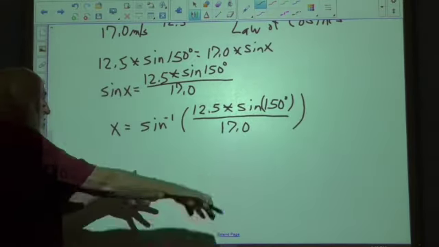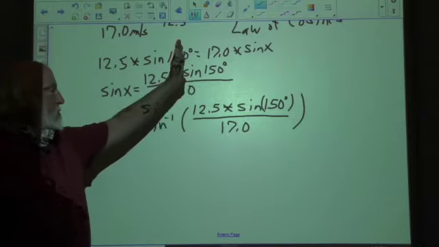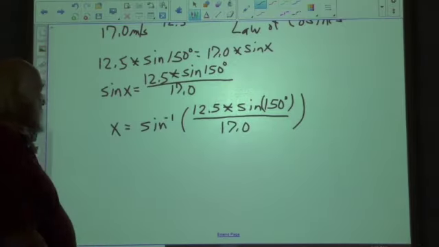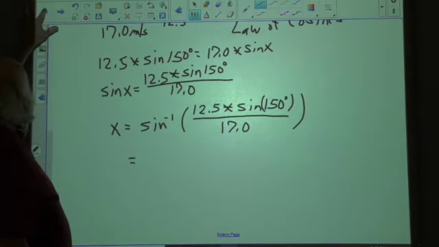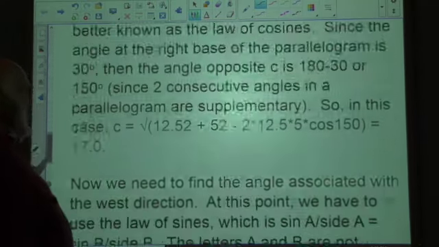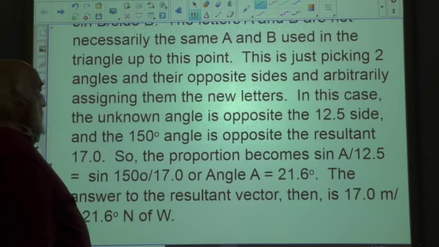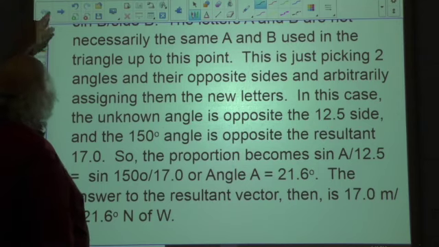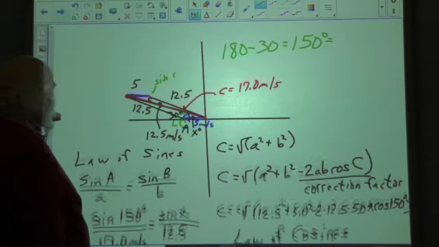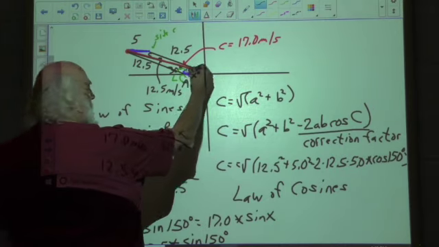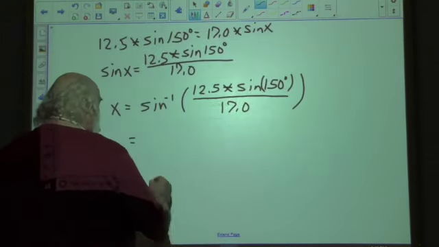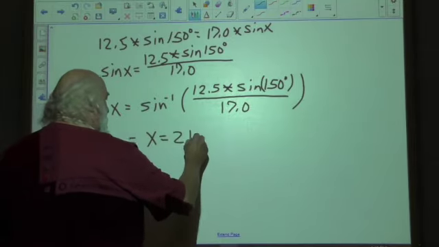You punch all that in your calculator, inverse sine, 12.5 times sine 150, close parentheses, divide by 17.0, and you're going to get your answer. And your answer turns out to be 21.6 degrees. So that means this sliver of an angle right here is 21.6 degrees. So X is 21.6 degrees.